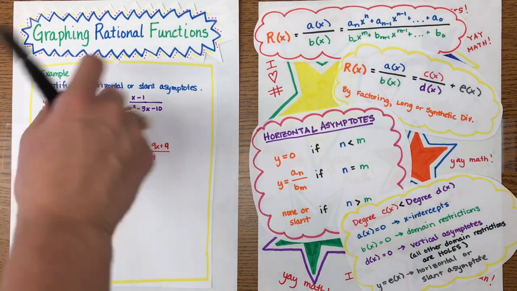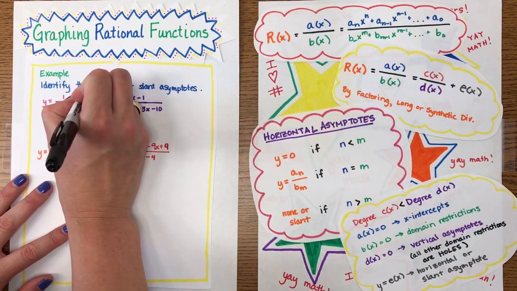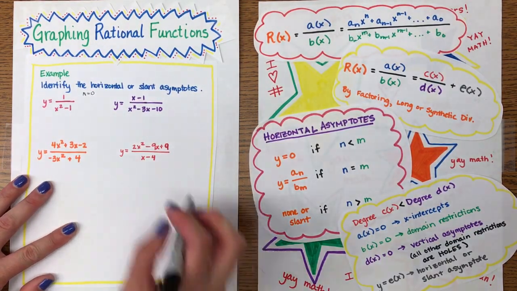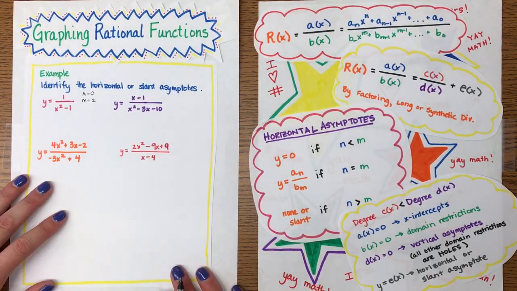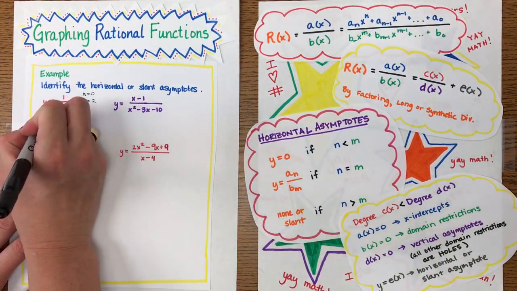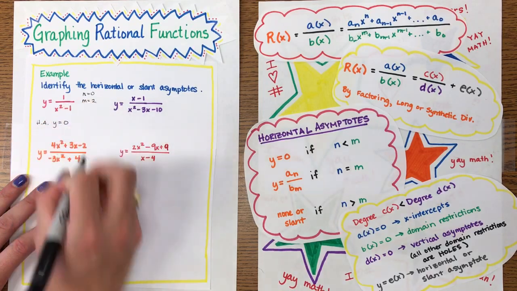The degree of my numerator, n, is 0 because there is no x term, and the degree of my denominator is 2 because I have an x squared. N is smaller than m, so I am going to have a horizontal asymptote of y equals 0.